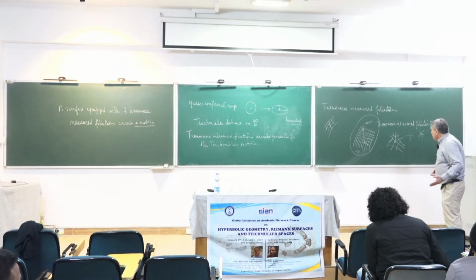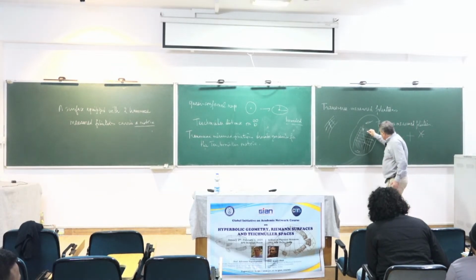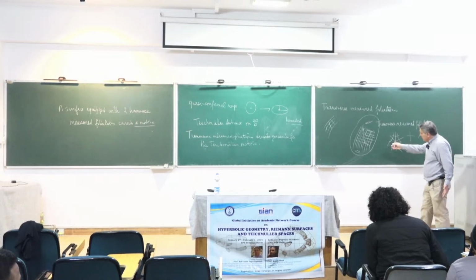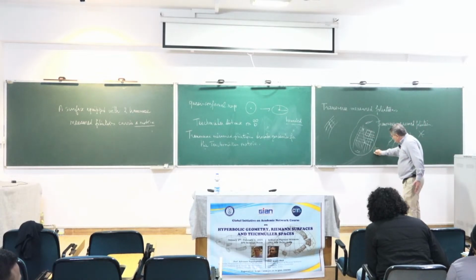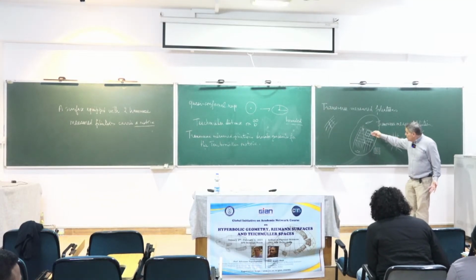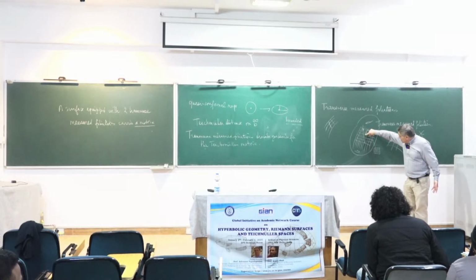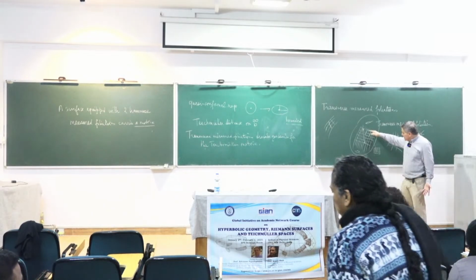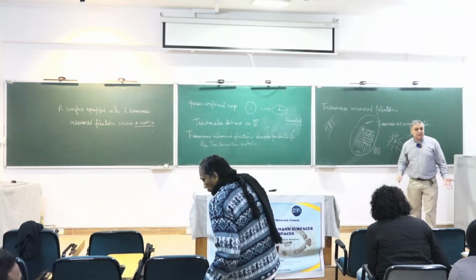Well, I take a point here. I have these natural squares. I can send them to squares in the Euclidean plane by isometries, because the transverse measure is Euclidean.